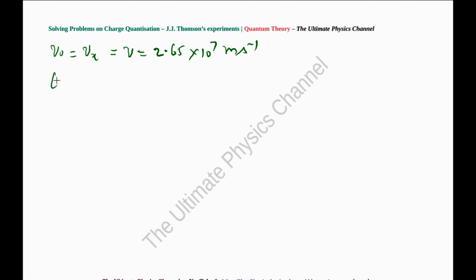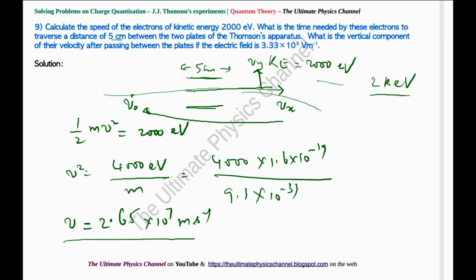Now we need the time during which it travels between these two plates, which is distance over velocity. The distance over which it travels by the velocity with which it travels, and therefore the time for the electron to traverse this distance between the plates, that is t, right? And this distance is given as 5 centimeter already.